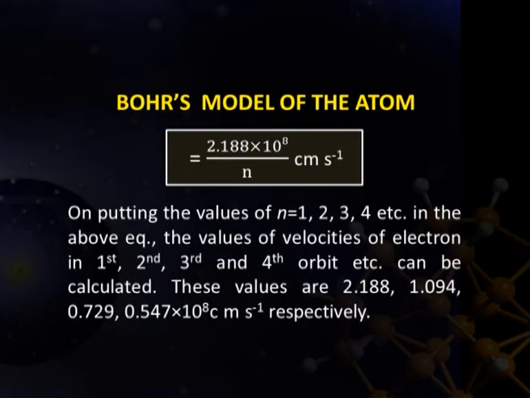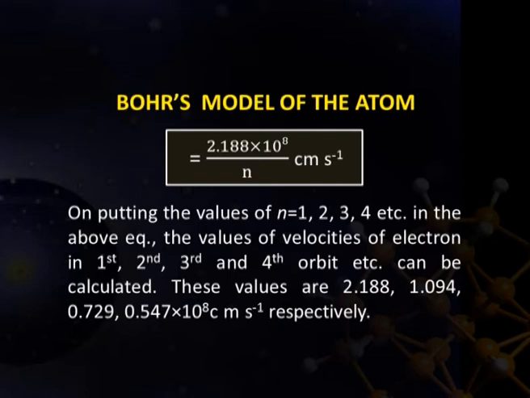On putting the values of n as 1, 2, 3 and 4 etc. in the above equation, the velocity of electron in first, second, third and fourth orbit can be calculated. These values are 2.188, 1.094, 0.729, 0.547 into 10 raised to the power 8 centimeter per second respectively.